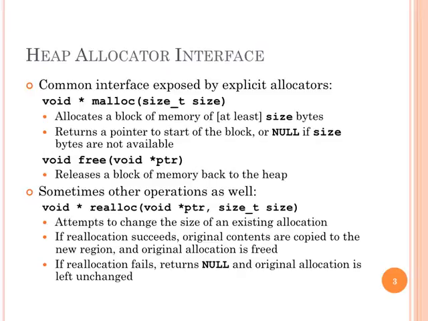You'll see me use it in Lab 4 if you look at some of the code that I provide for Lab 4. It's really powerful because you can say, I want to take this chunk of memory and resize it. And so if you make it larger, obviously the old stuff is kept in the new chunk. If the allocator is able to extend the size of the allocated region, then it will.